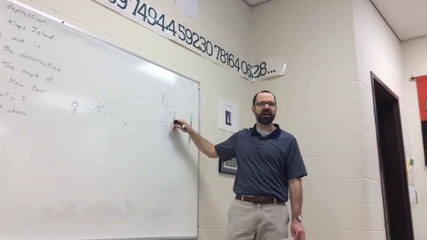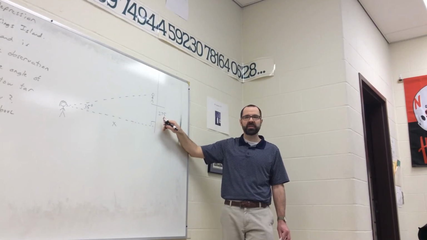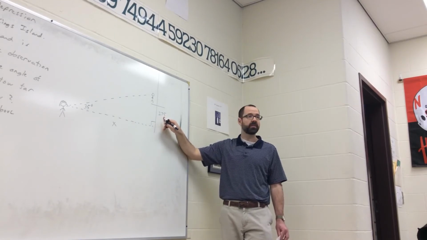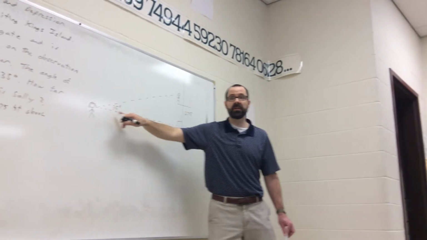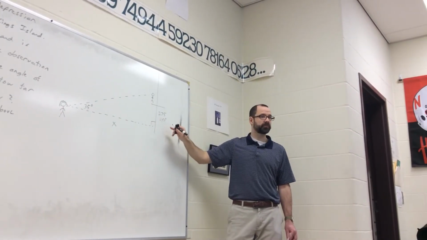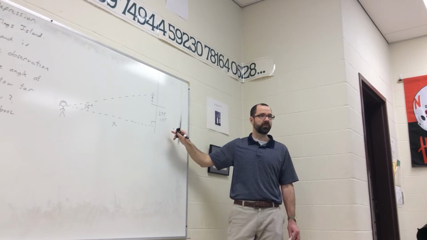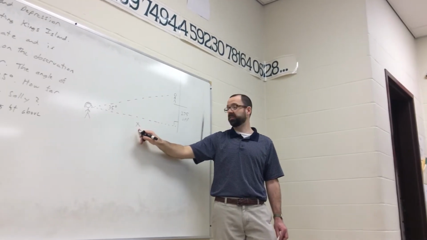So the 275, is that hypotenuse, or opposite, or adjacent? Yeah, Maddie? It's opposite from 35. See how the 275 is across from the 35? So that means it's opposite. All right, how about the x? Is that hypotenuse or adjacent?